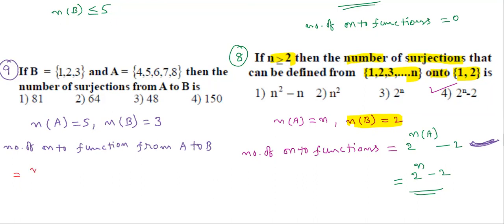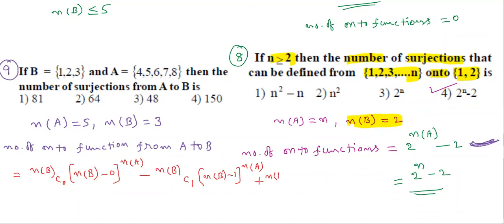It is nC0 (n minus 0) whole power n(A), minus nC1 (n minus 1) whole power n(A), plus nC2 (n minus 2) whole power n(A), minus nC3 (n minus 3) whole power n(A), where n is n(B).